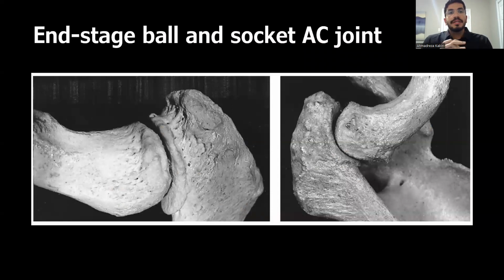Also, in another study, it was shown that the end stage degenerative AC joint, and as you can see, the osteophytes in the acromion side. I think it will act like a ball and socket, but it's not always the case. Like I said, the arthrokinematics is not fully defined yet.